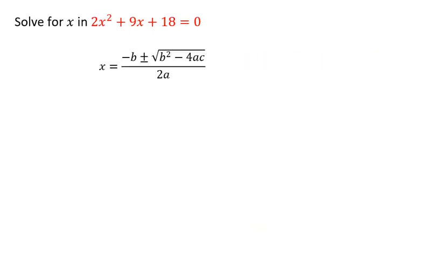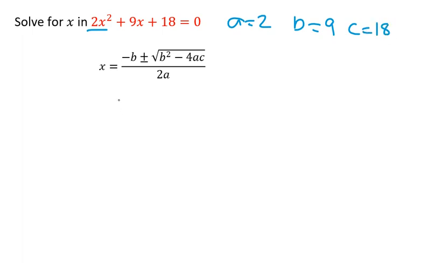Paano naman kung hindi na 1 yung a natin? For example, to 2x square plus 9x plus 18 is equal to 0. Ano yung magiging a natin dito? A na natin ay 2. And yung b is 9. Tapos yung c, 18.